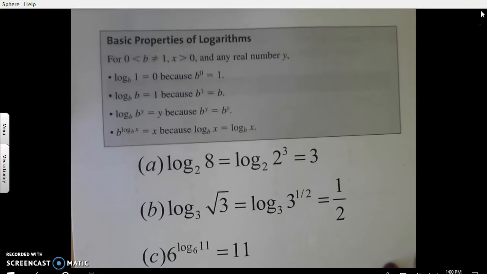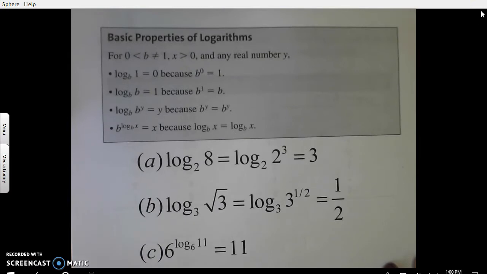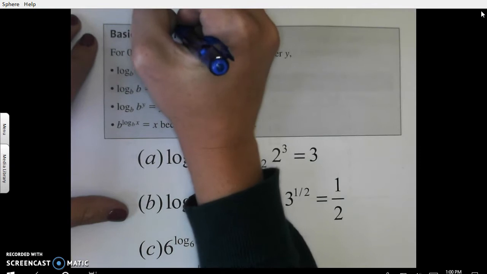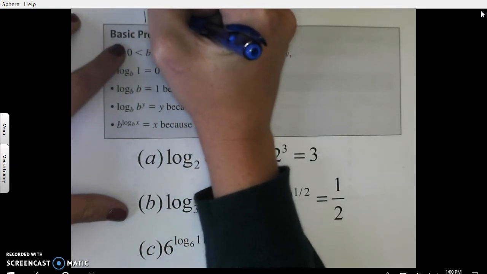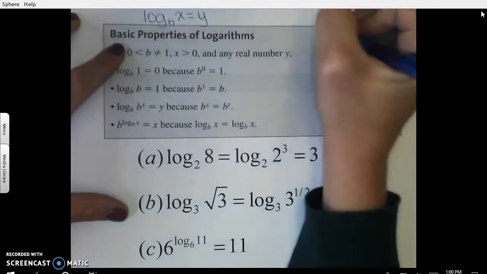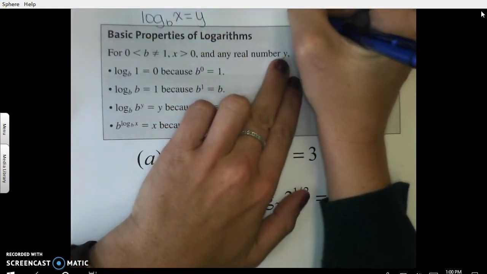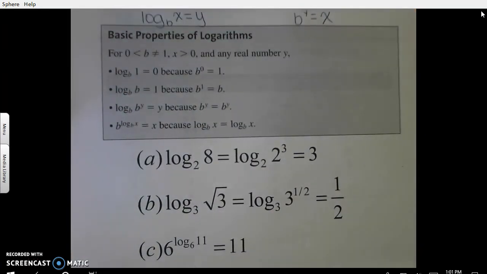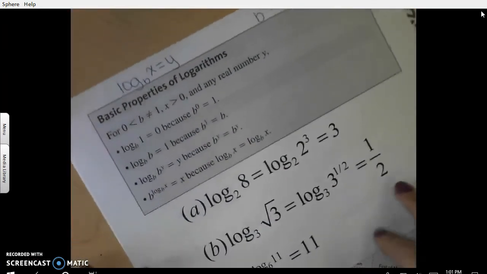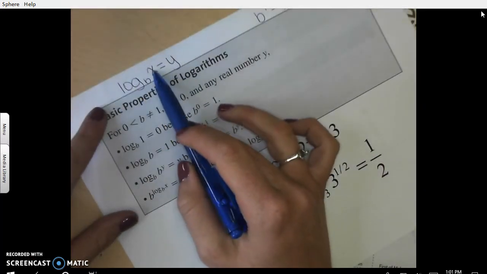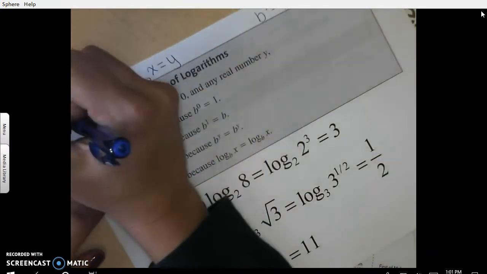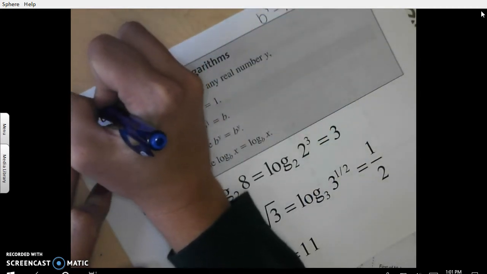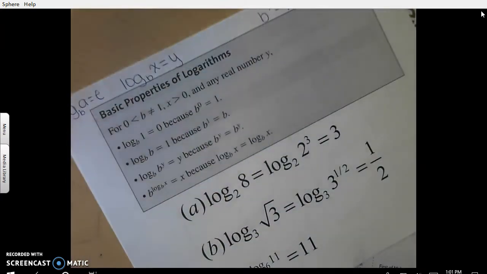Now we have some basic properties of logs. Keep in mind the rules that we just talked about. Log base b of x is equal to y, and b to the y power is equal to x. There are other ways to remember this. I also write log base b of a is equal to e.